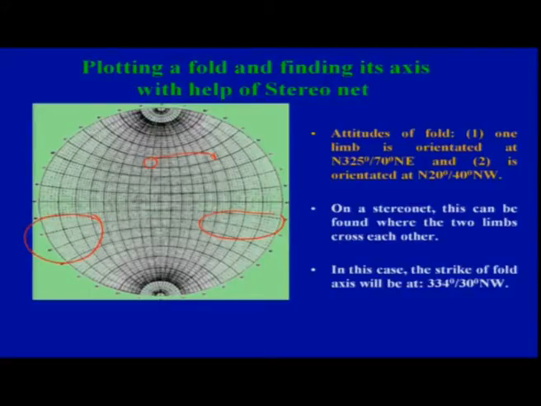Let me remove this quickly, and then we can see. What we have marked first is the 325, so this is 325 degrees. We have taken the mark, and then we will try to measure the dip.